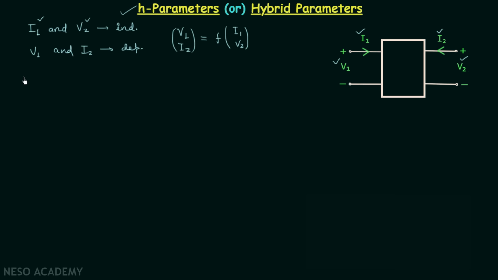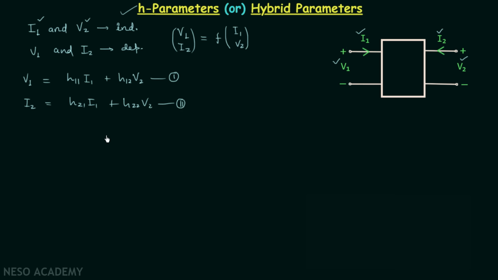The first equation is V1 equal to the parameter H11 multiplied to current I1 plus the parameter H12 multiplied to voltage V2. Let's say this is our equation number 1. And the second equation will be current I2 is equal to parameter H21 multiplied to current I1 plus the parameter H22 multiplied to voltage V2. This is equation number 2.